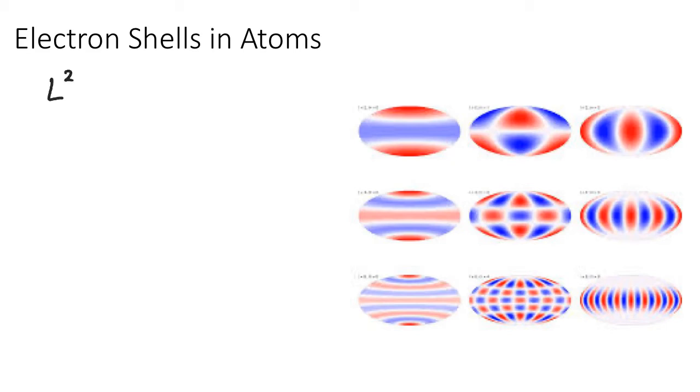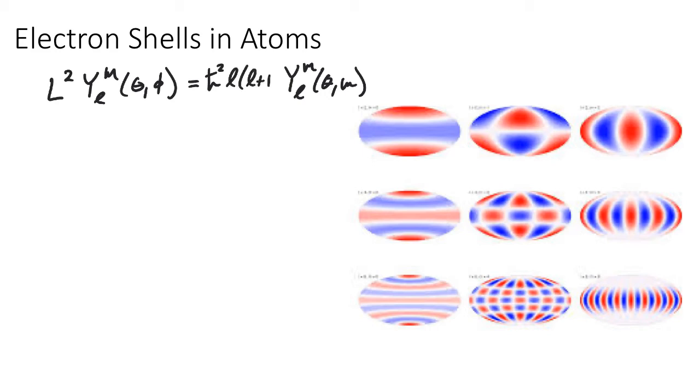This is a differential operator. I say that there are these functions which have this funny form Y_LM of theta and phi. But when I apply that operator, I get back out the same function, but with a constant. In this particular case, the constant is h bar squared L times L plus 1.